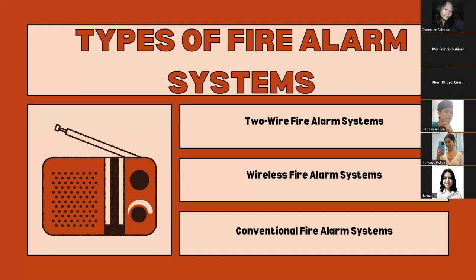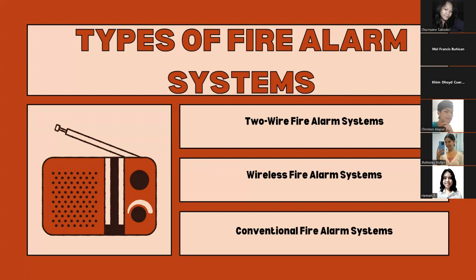The third one is the conventional fire alarm system. A conventional fire alarm system is a wired system that is frequently used in smaller properties. This system divides spaces into different detection zones, which are each wired to a dedicated circuit in a control unit.